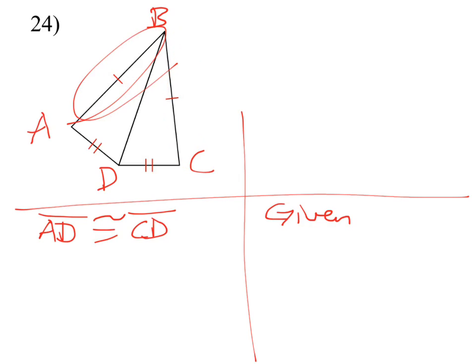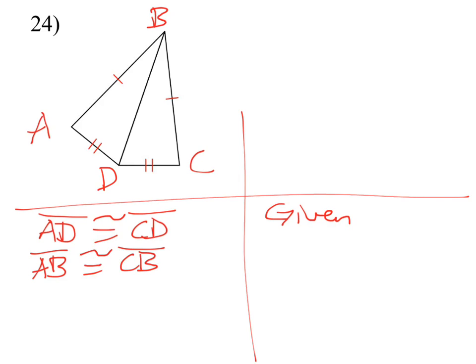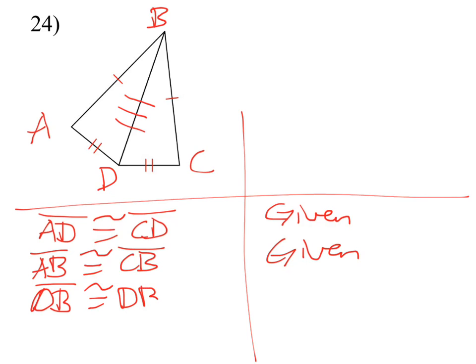That's AB and CB. AB is congruent to CB. And that's a given. It's right on the graph there. And right here in the middle, I can write congruence markings there because DB is congruent to itself, DB, by the reflexive property.